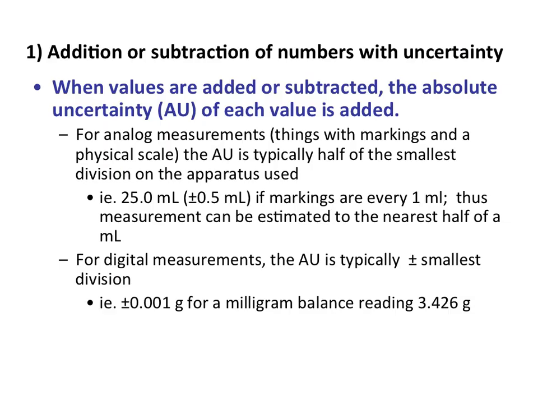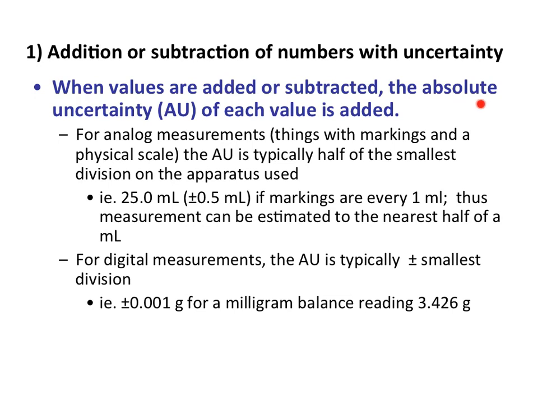So the first one, addition or subtraction of numbers with uncertainty. When values are added or subtracted, the absolute uncertainty of each value will be added together. And this absolute uncertainty, that's this part. We've already talked about how to determine the uncertainty of a piece of equipment.